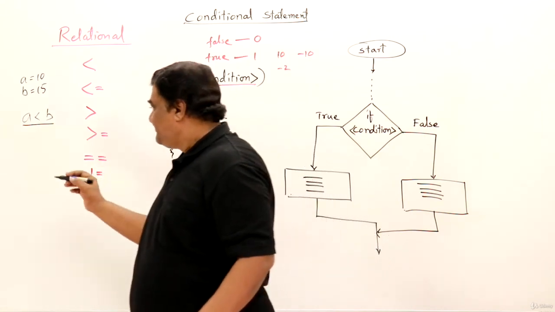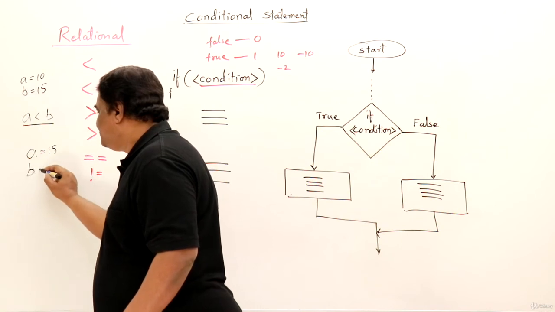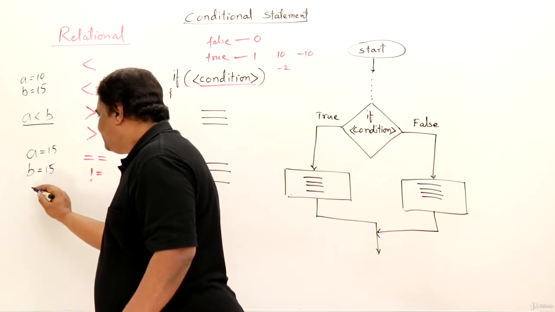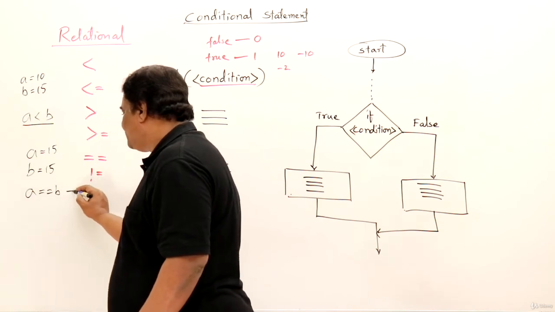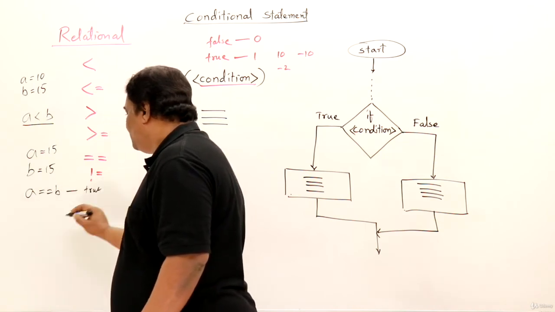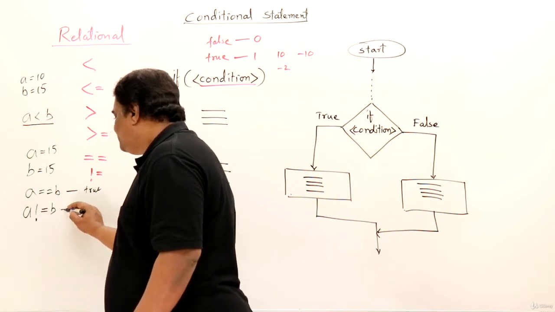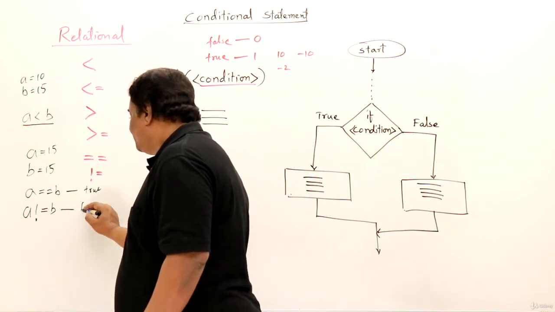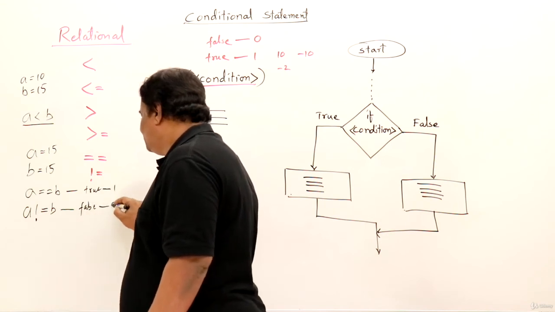Suppose I have A as 15 and B as 15. If I write A is equal to B, then what is the result? The result is true. And if I say A is not equal to B, then what is the result? Actually, they are equal, so the result is false. This means the first is 1 and this is 0.